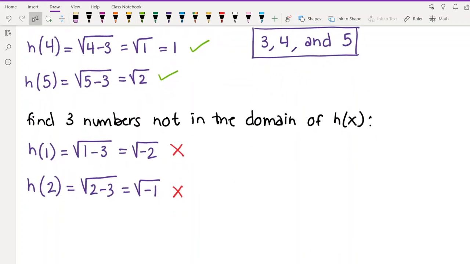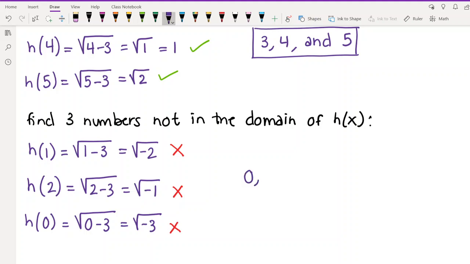We could try something with decimals or fractions, or if we want to do another whole number, we need to go in the other direction. So for example, if we plug in 0, we would get the square root of 0 minus 3, which is the square root of negative 3, which is also undefined. And so the 3 numbers we found that are not in the domain are 0, 1, and 2.